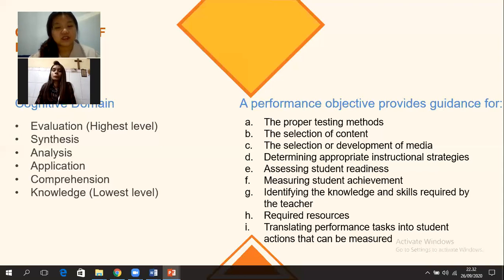And then the last one is translating performance tasks into student actions that can be measured.